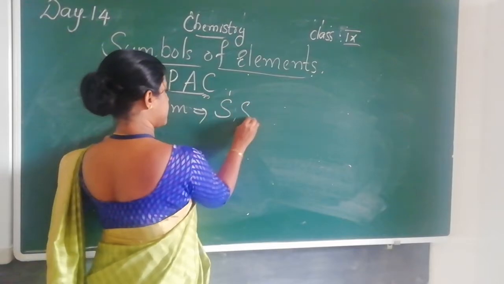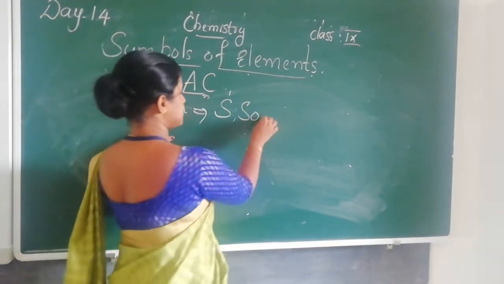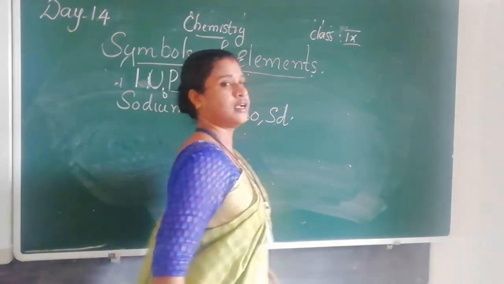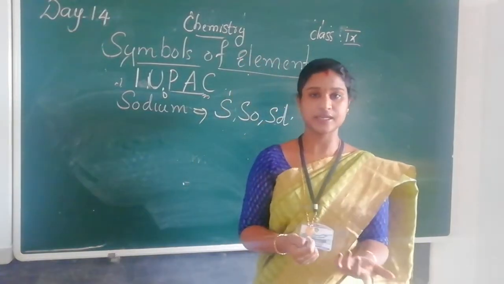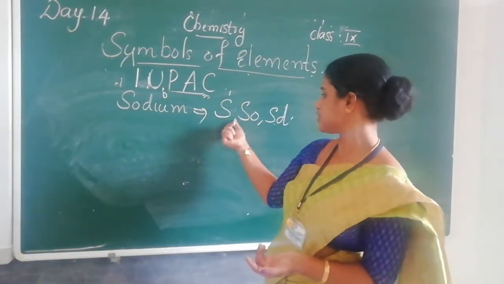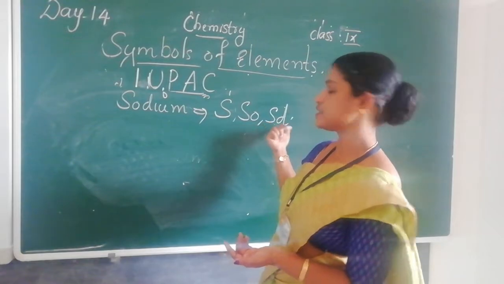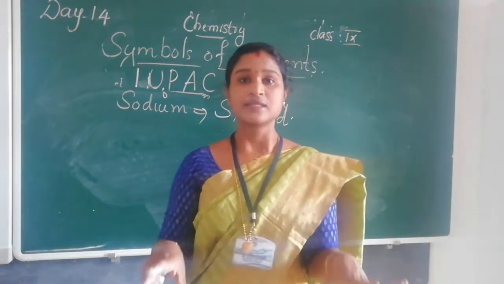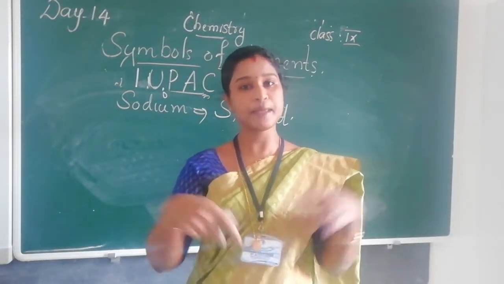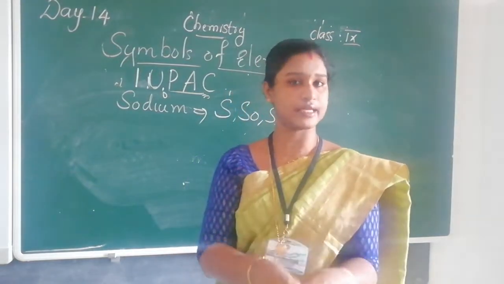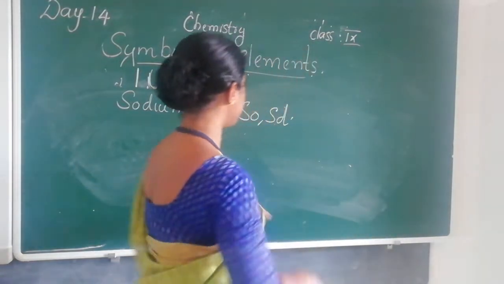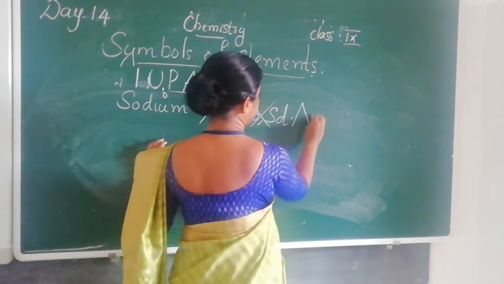Then another chance is SO. Then the next chance is SD. So these are the 3 rules we discussed: first letter, first and second, first and third letter. But actually the symbol of sodium is not SOSD. Its symbol is Na.